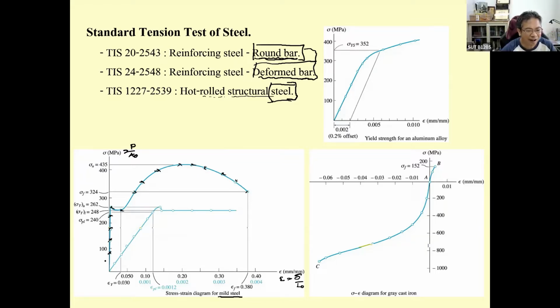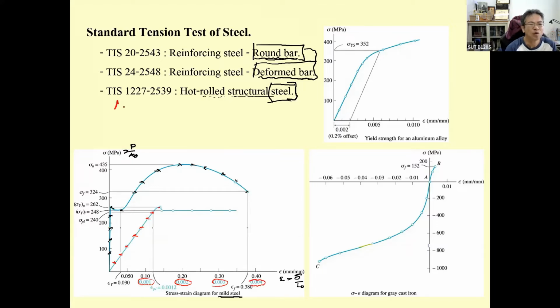Why? Because the first portion of the graph is very stiff. It's really close to the vertical stress axis. So you have to draw another scale, which is this one, by enlarging the horizontal scale by 100 times so you can determine it.